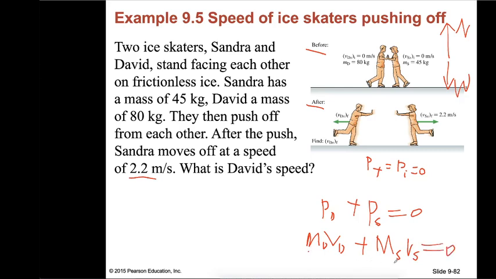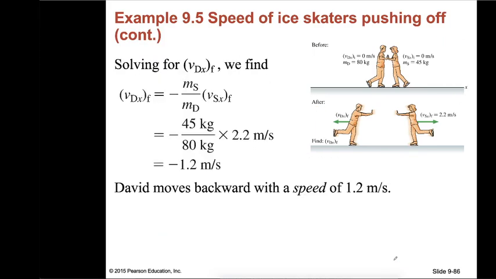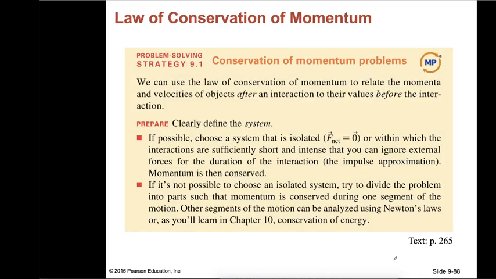You know M David and M Sandra, that's their mass here. You know the speed of Sandra, which is 2.2. So can you calculate V of David? It's very simple. You can get the number, which is negative 1.2 because they're in opposite directions. Okay, so that's the example of using the law of conservation of momentum.